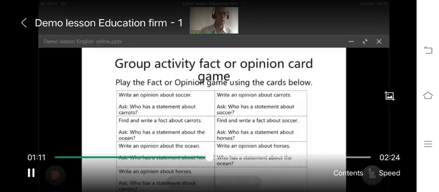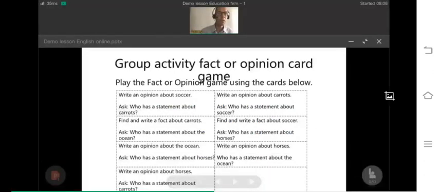There's a fun group activity at the end using opinion cards. So on each card, which is given to student pairs, on one side they have an opinion and on the other a question. So on the first card it would say write an opinion about soccer, and on the reverse, a statement about carrots. The other students all have a card in their pairs.